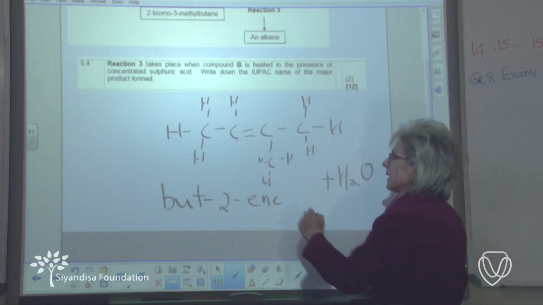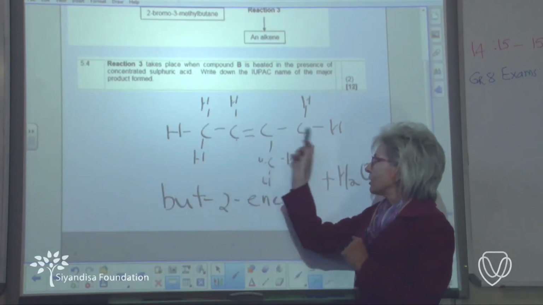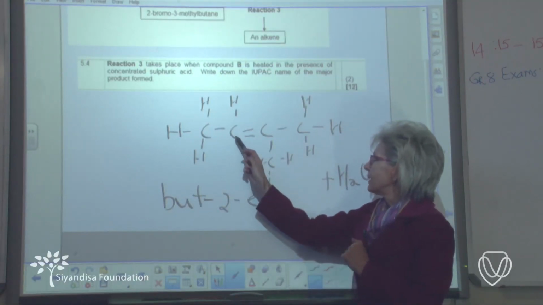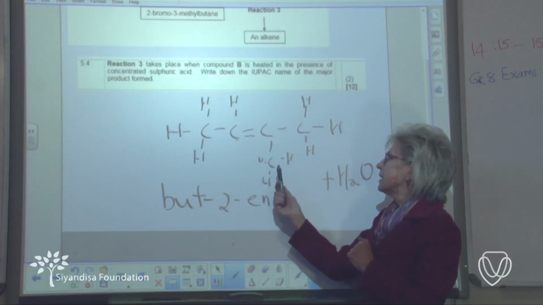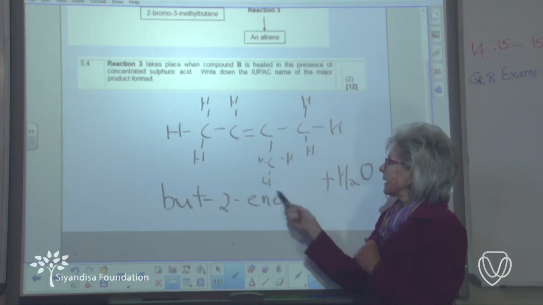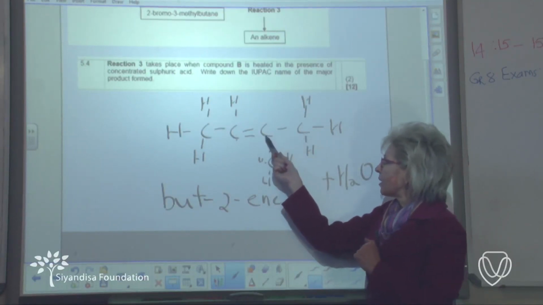Because it doesn't matter from which side I've numbered to get the double bond, numbered as carbon 2, I will now number from the side which will give the substituent, or the side chain, the smallest number, and that is then on carbon 2.